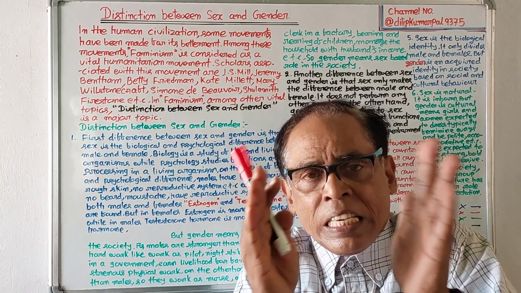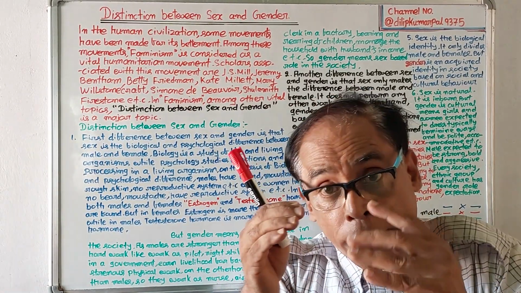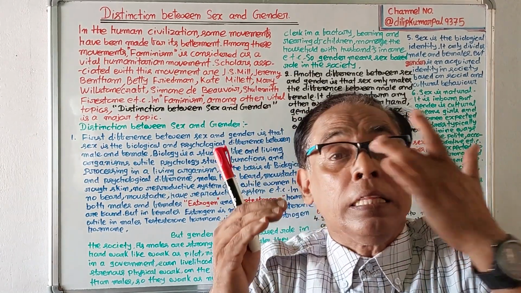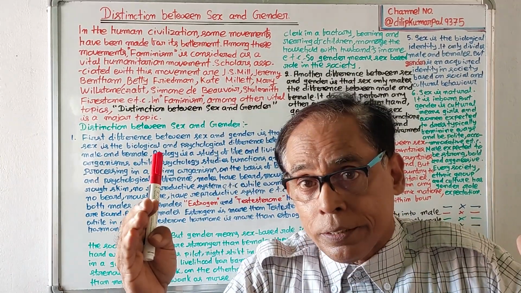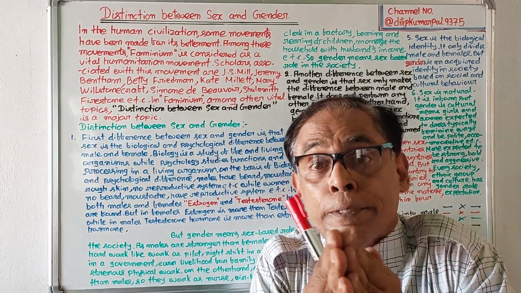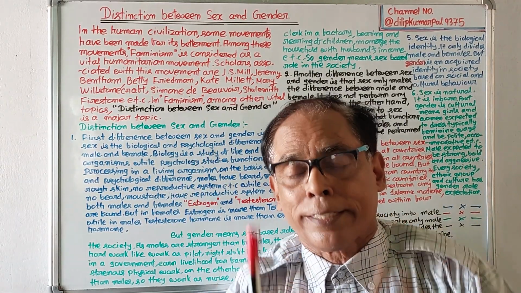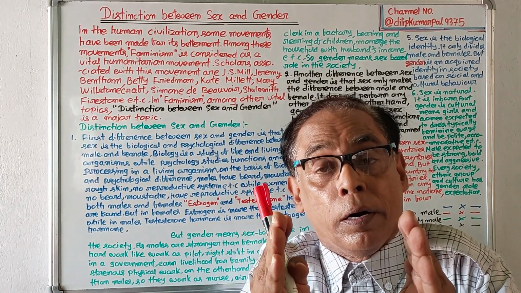No doubt, feminism is a humanitarian movement made for the betterment of human civilization. In the subject of feminism, there are some vital topics. Among these, the difference between sex and gender is a major topic. So, what are the distinctions between sex and gender?